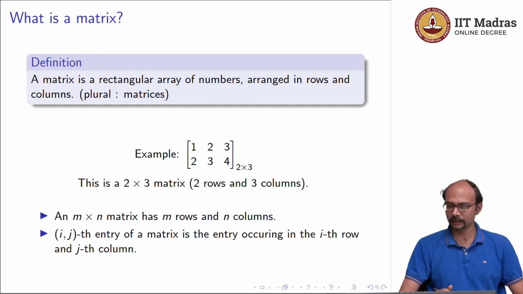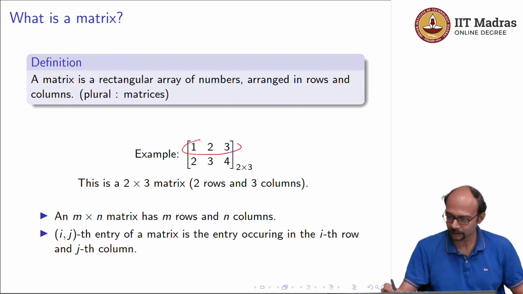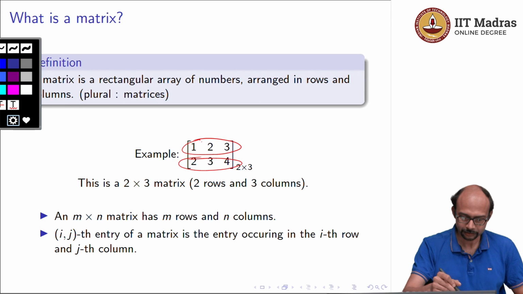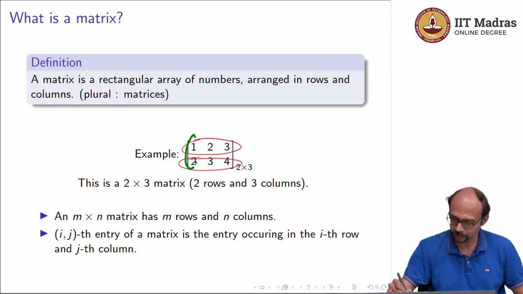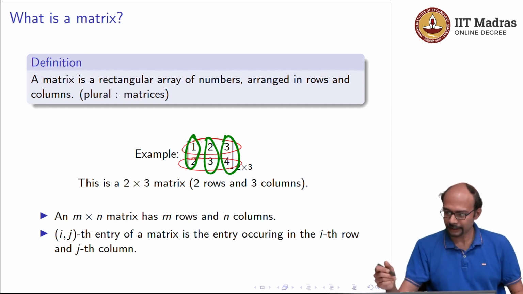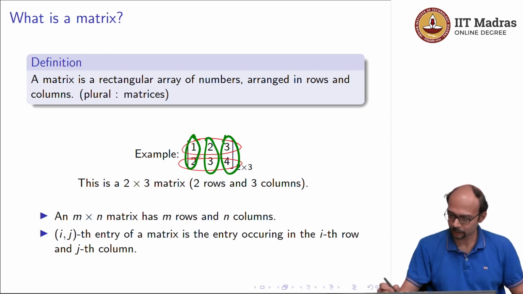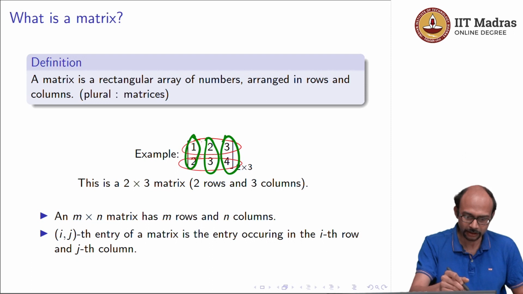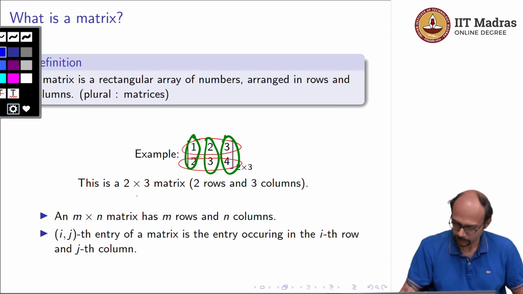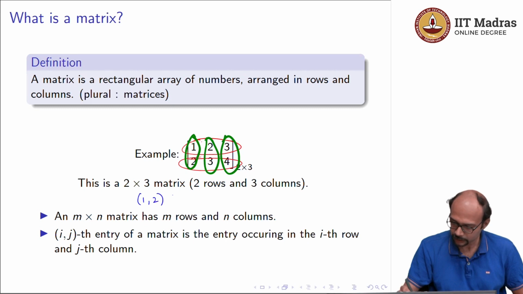Let's look at the example that we have here and look at the entries in this matrix. First of all, this has 2 rows. Here's the first row and here's the second row, and it has 3 columns. Here's the first column, the second column, and the third column. Now suppose I want to ask what is the 1/2th entry of this matrix.